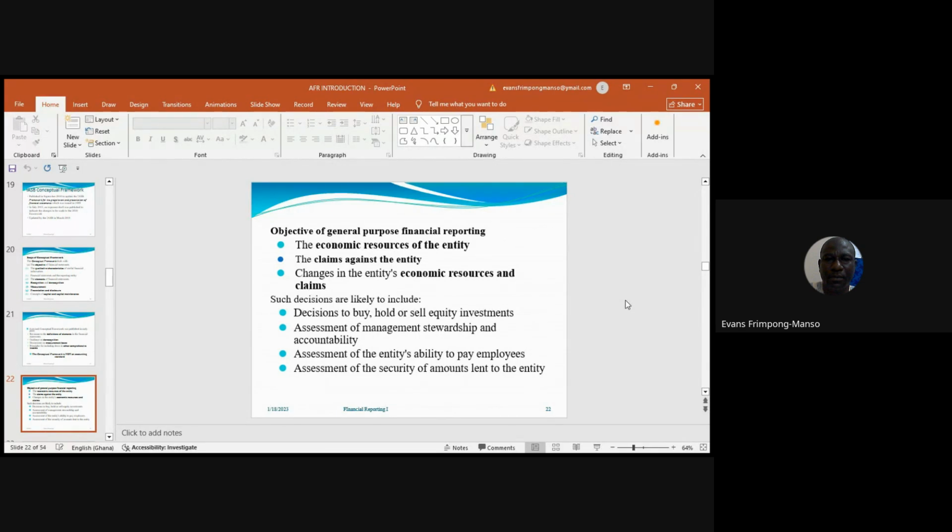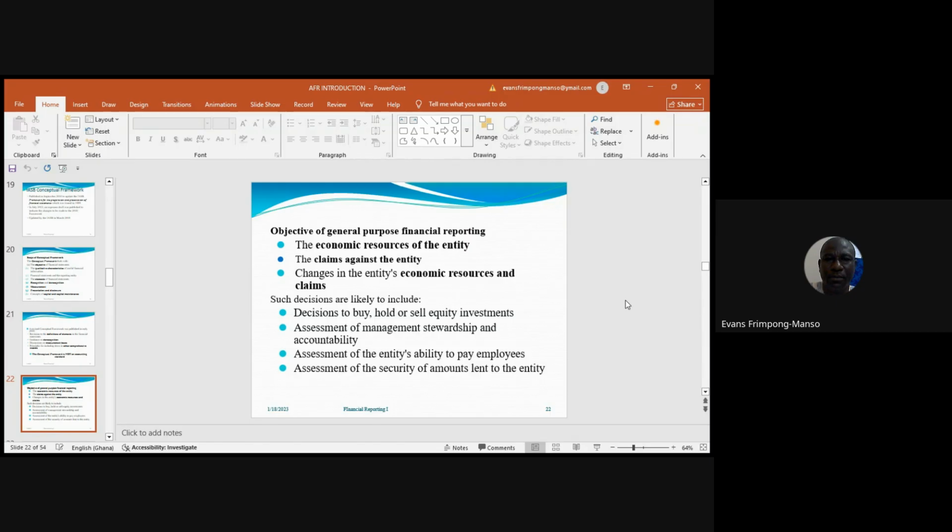And what decisions can they make? Decisions to buy more shares, to hold the shares that they have in the company, or to sell what they have in the company. Decisions about whether management is looking after their money well or not, and whether management is being accountable with the resources entrusted into their care.